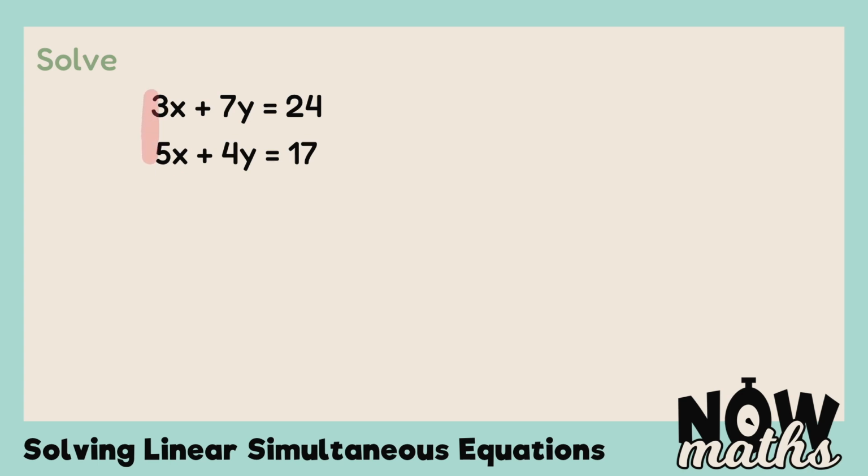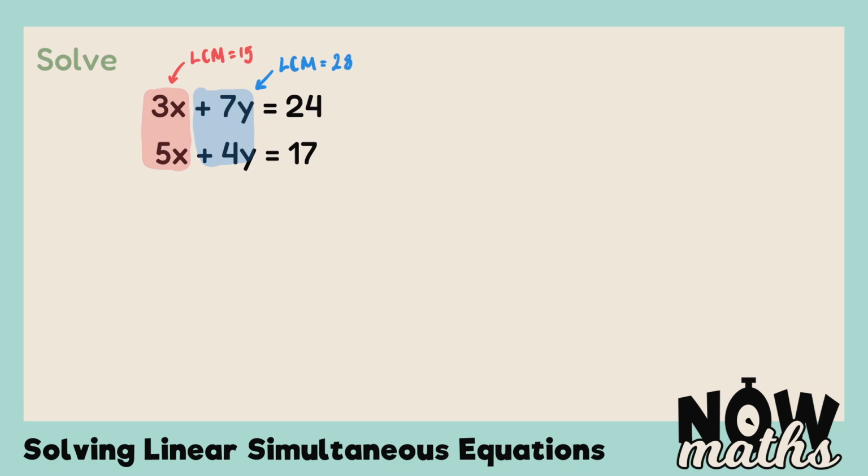So to begin with, looking at the x coefficients of 3 and 5, the lowest common multiple of 3 and 5 is 15, because that's the lowest number that both 3 and 5 go into. Looking at the y coefficients of 4 and 7, the lowest common multiple of 4 and 7 is 28, because again, this is the lowest number that both 4 and 7 go into.